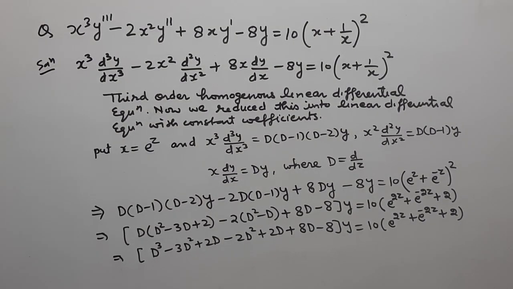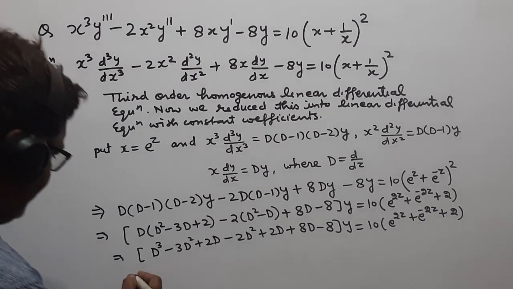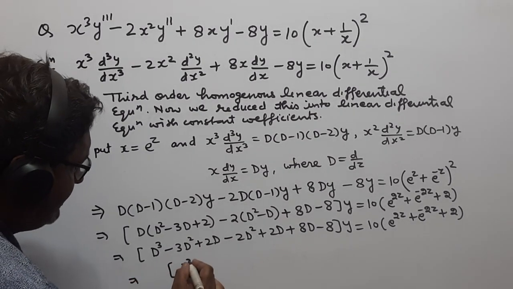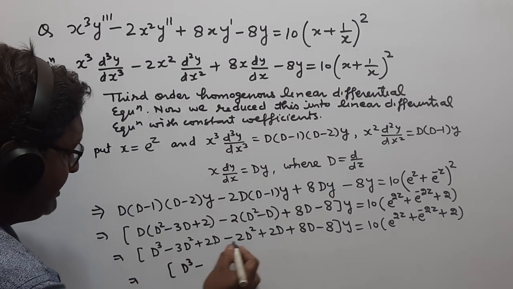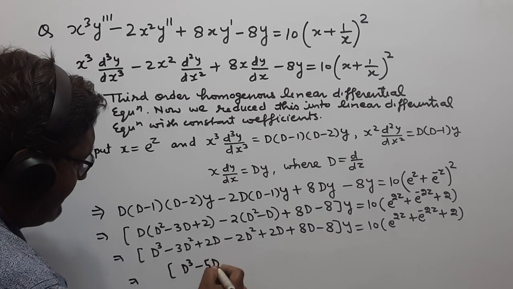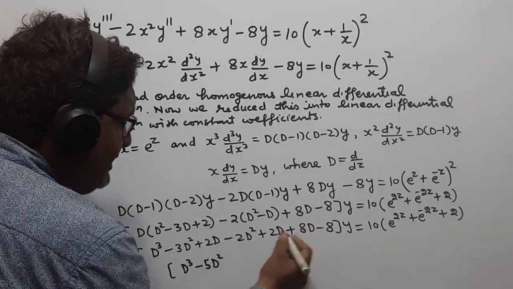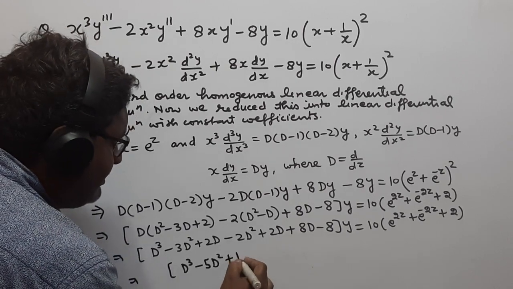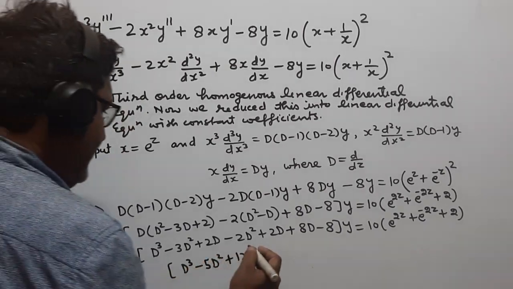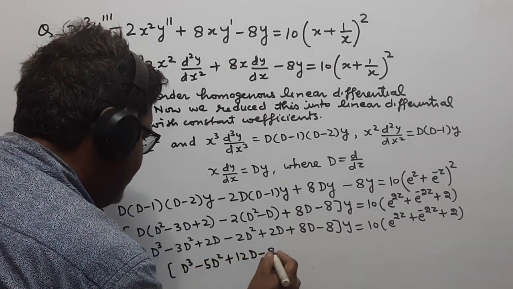Solving this, we get D cube, minus 3D square minus 2D square, that is minus 5D square, plus 2D plus 2D plus 8D, that is 12D, and here minus 8 times y.